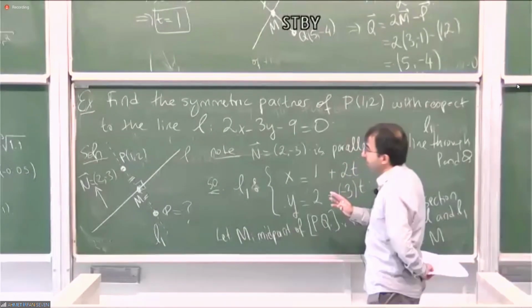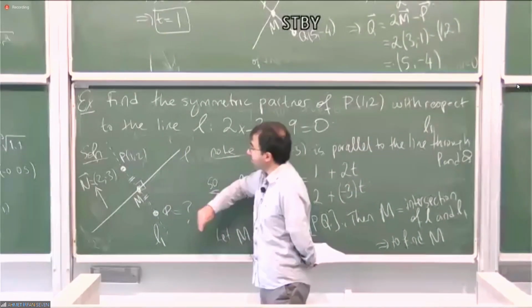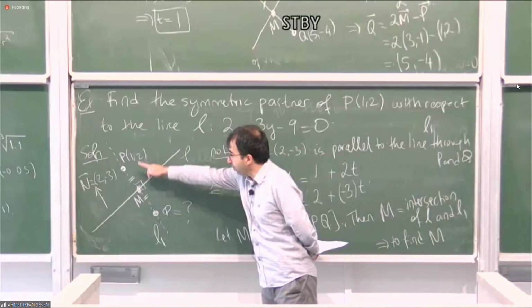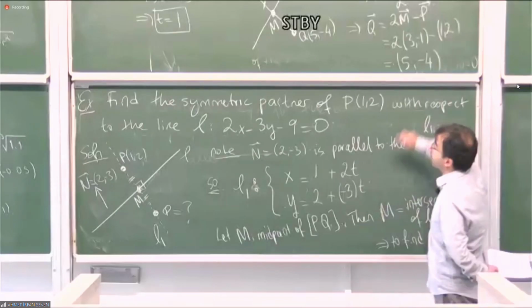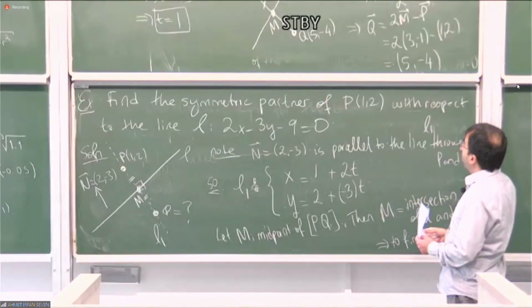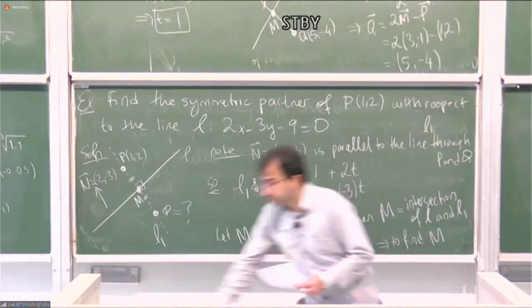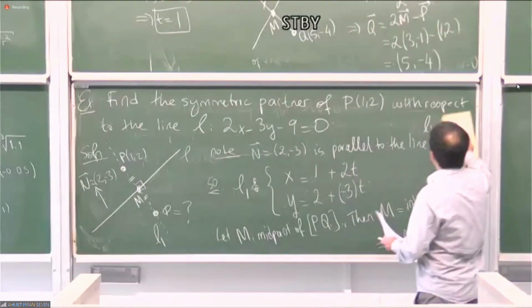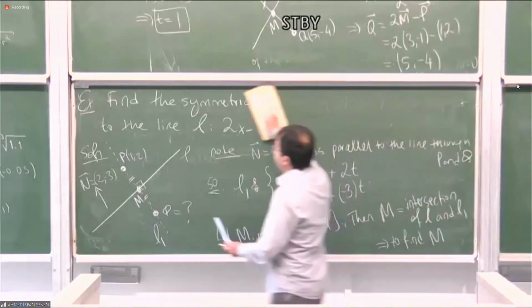And then after finding this line, find its intersection, which will be the midpoint between P and its symmetric partner, and then find the symmetric partner. Okay, so this was the symmetric partner of a point with respect to this line.